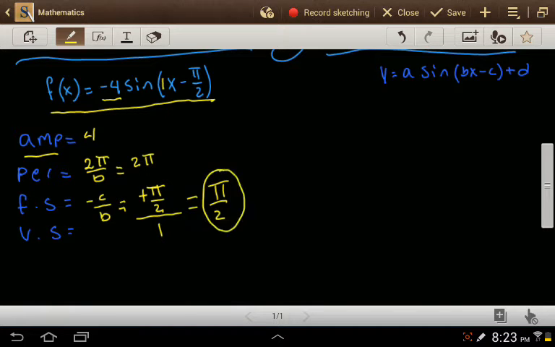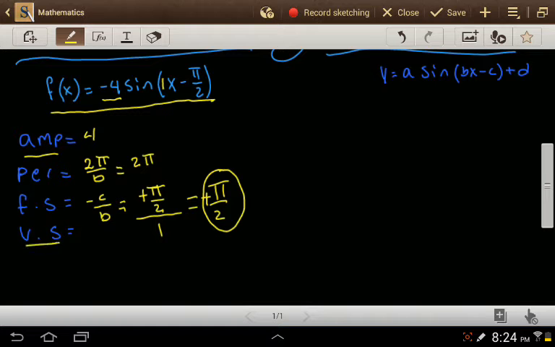So this right here is our phase shift. If you don't know what phase shift is, if you remember in algebra, it is the horizontal shift. That is the phase shift, when you move your whole image to the right or to the left. In this case, because it's positive, the image is going to be moving to the right.